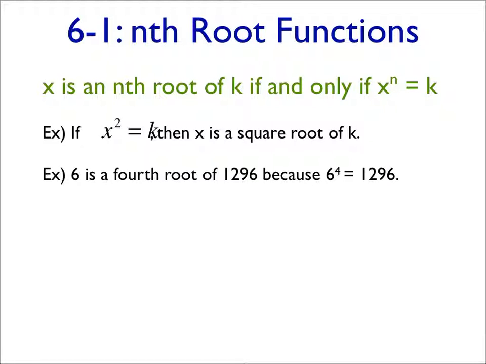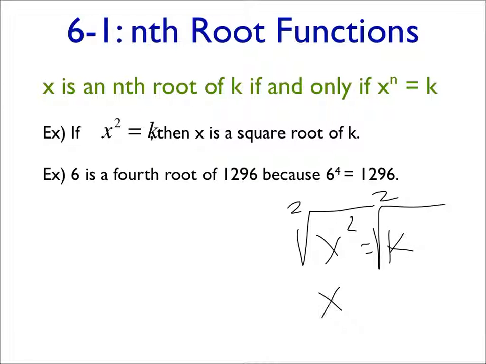A couple quick examples. If x squared equals k, then we can say that x is equal to the square root of k, easily taken care of by square rooting both sides, something you guys have been doing for quite some time. So understanding this relationship.